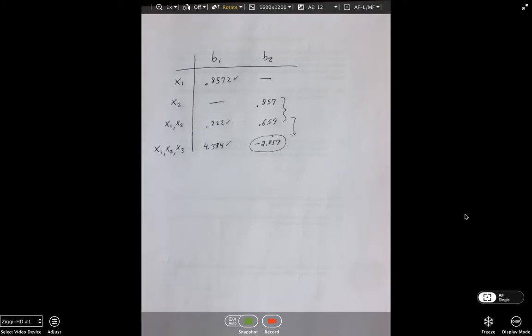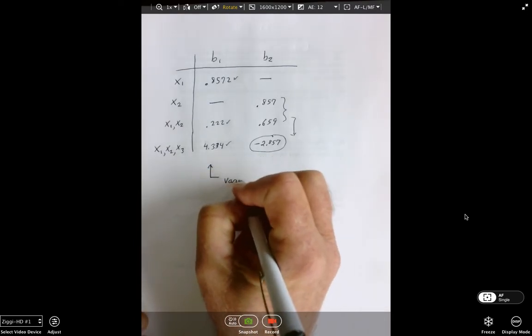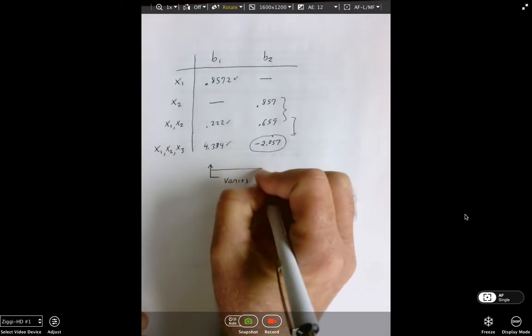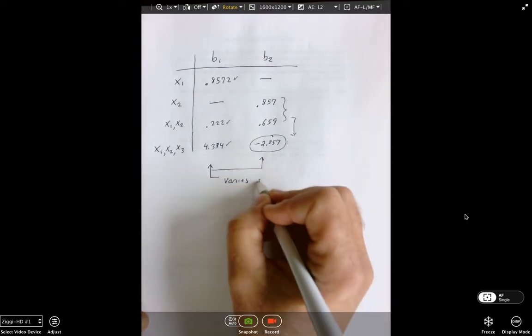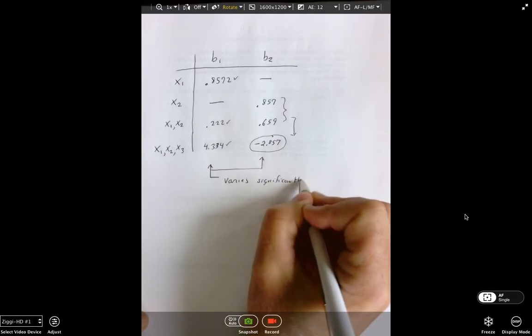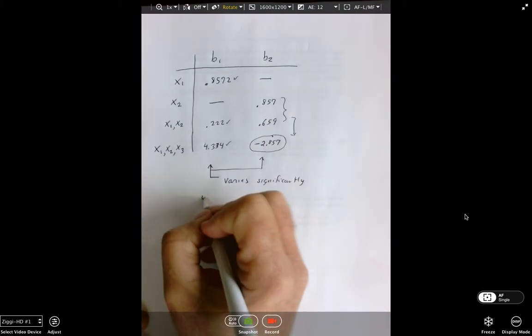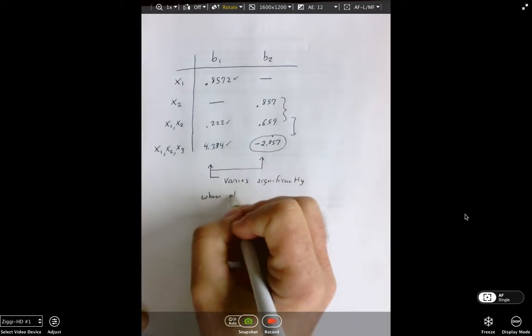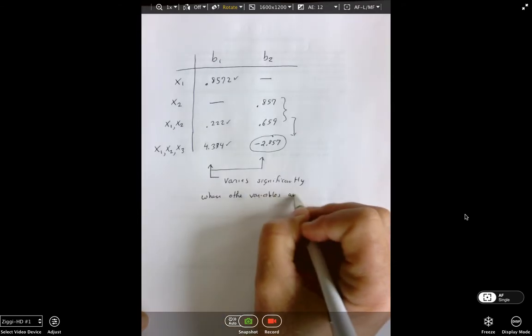Well, that is kind of wacky. Actually, we can say that these values vary significantly, and guys, again, I'm not talking about statistical significance just yet, when other variables are in the model.